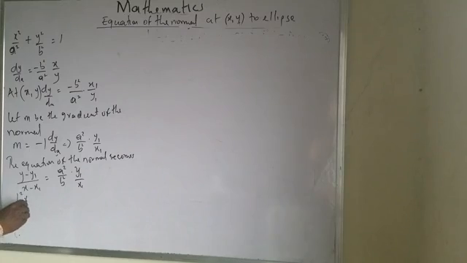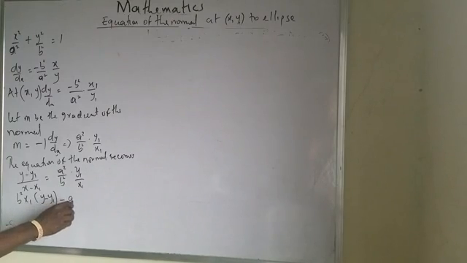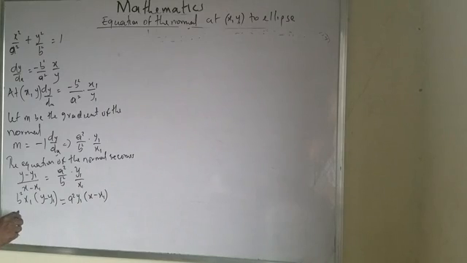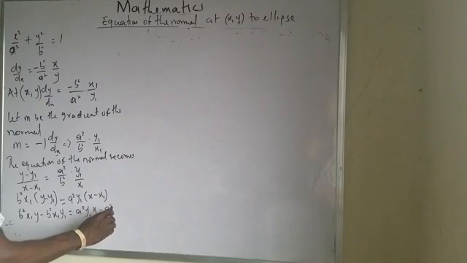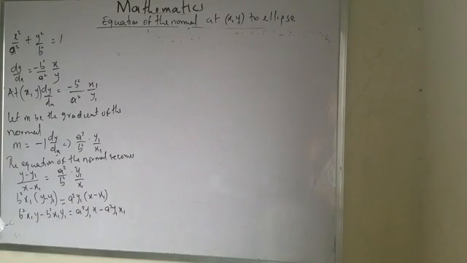B squared x1 bracket of y minus y1 equals to a squared y1 bracket of x minus x1. Now, with this, I will have b squared x1 y minus b squared x1 y1 equals a squared y1 x minus a squared x1 y1.